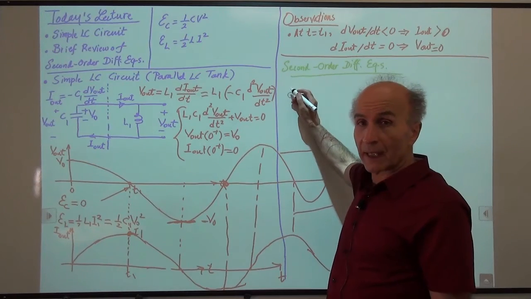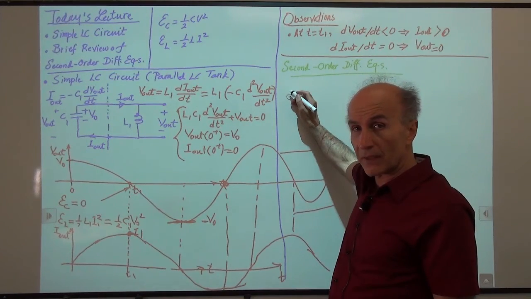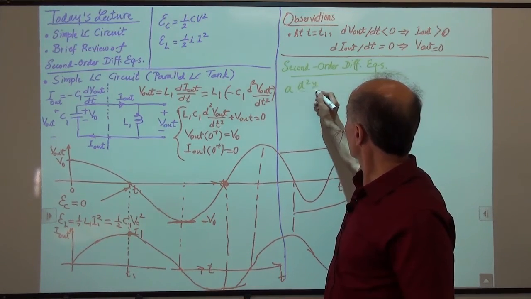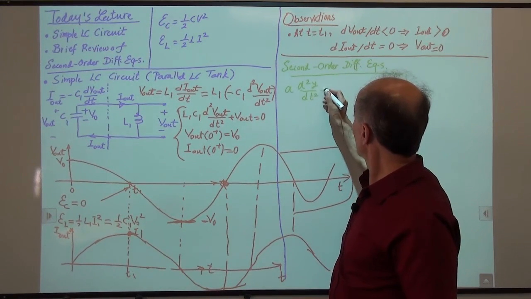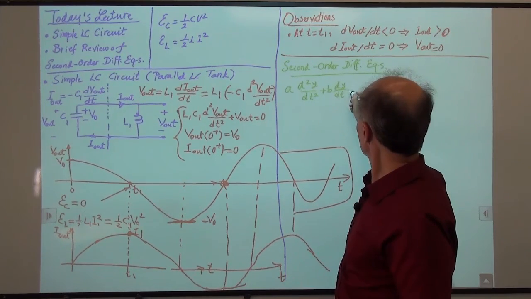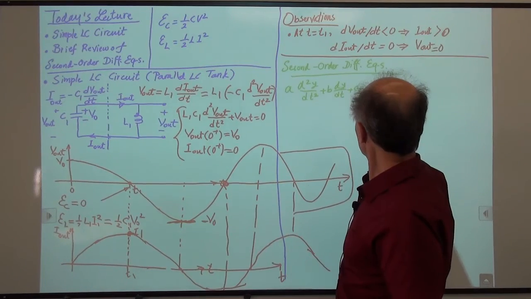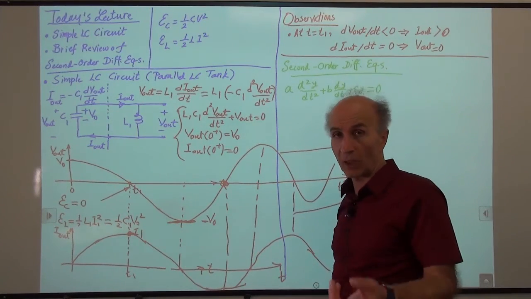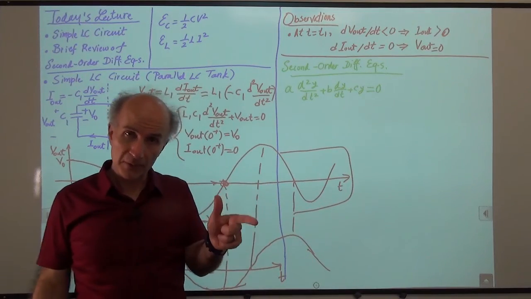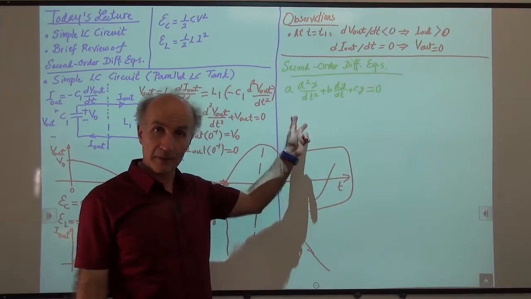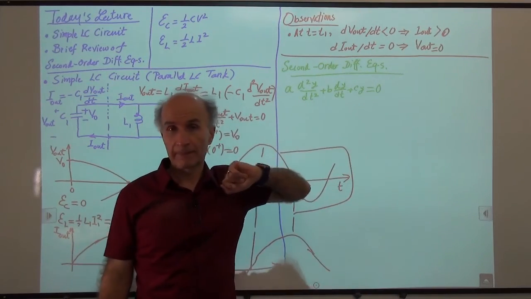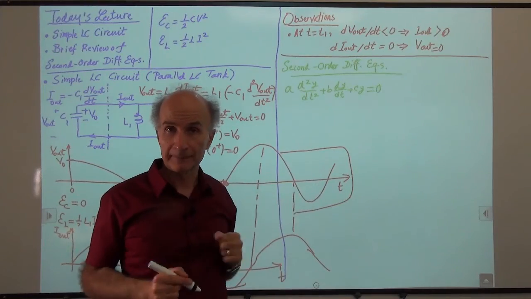So we will consider a linear differential equation of this form: a d squared y over dt squared plus b dy over dt plus cy is equal to 0. So y is a function of time, and what we know is that y and its first derivative and its second derivative satisfy this equation. So this plus this is 0 at all times, and we would like to find y of t.